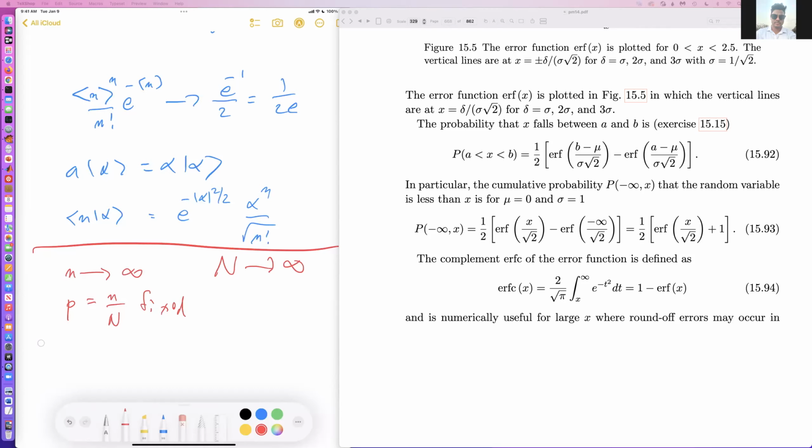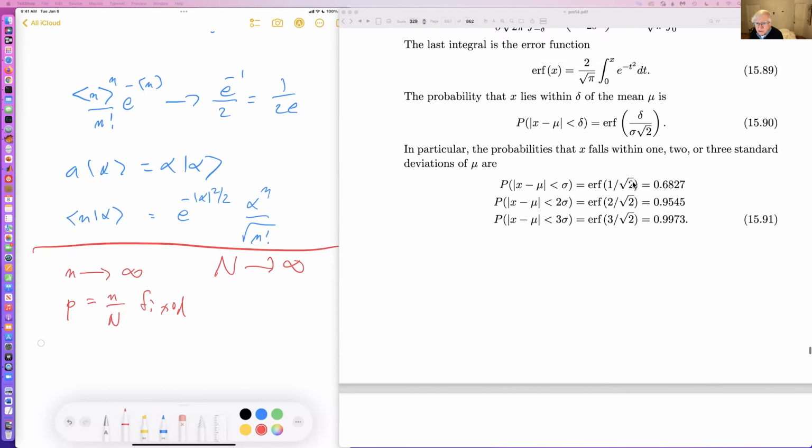I am just curious to know, like we know that 3 sigma covers almost 99% of our data. And if you take 4 sigma or 5 sigma, that means it covers 100%. Well, it's not 100%.